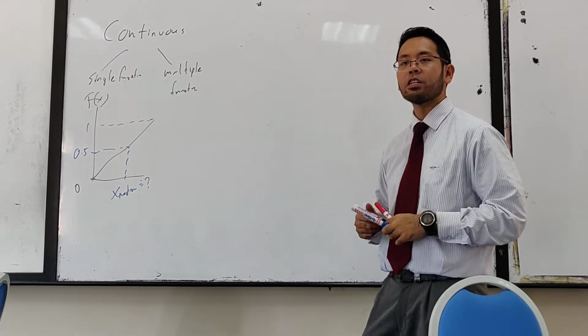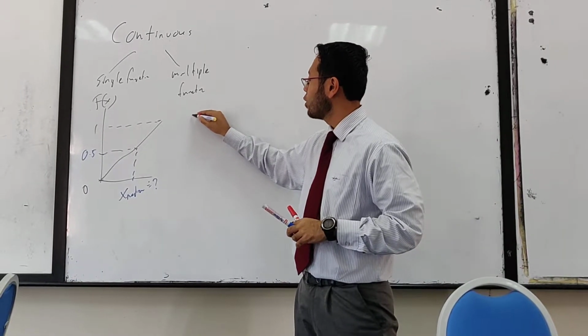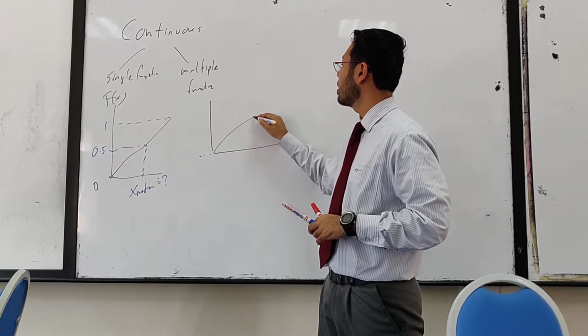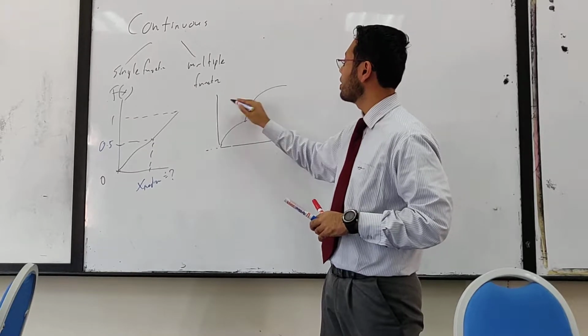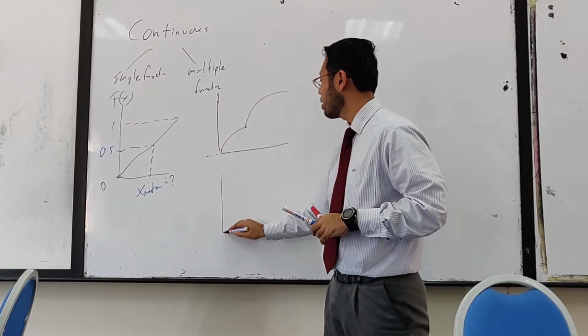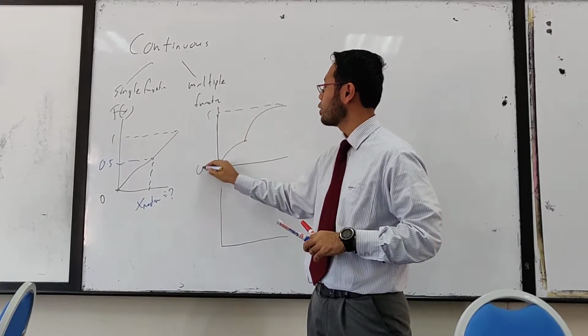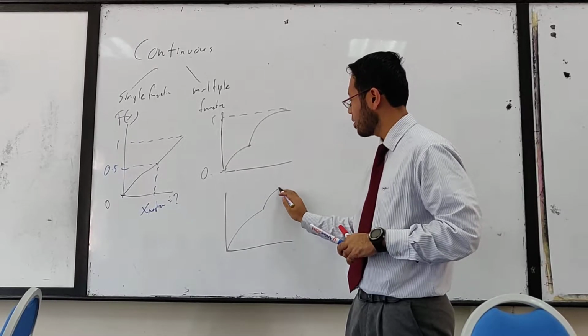But for multiple functions, there's a slight problem that you might have. You might get yourself either something like this. Here is 1, here is 0. Or you might get yourself this type of graph instead.